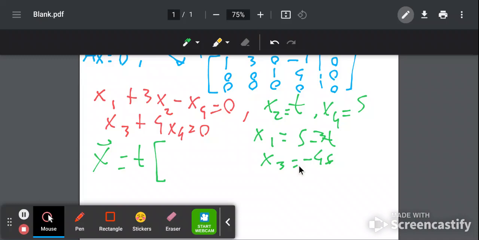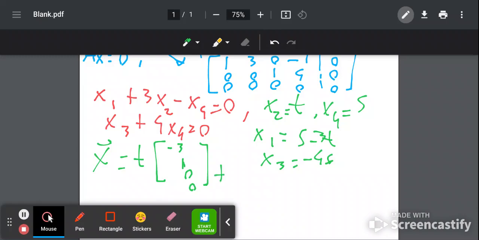In x1 we have s minus 3t, so the coefficient of t is negative 3. For x2 the coefficient of t is 1. For x3 there's no t because it's all negative 4s, so 0. And for x4 there's only s, so also 0. So that's the first vector.